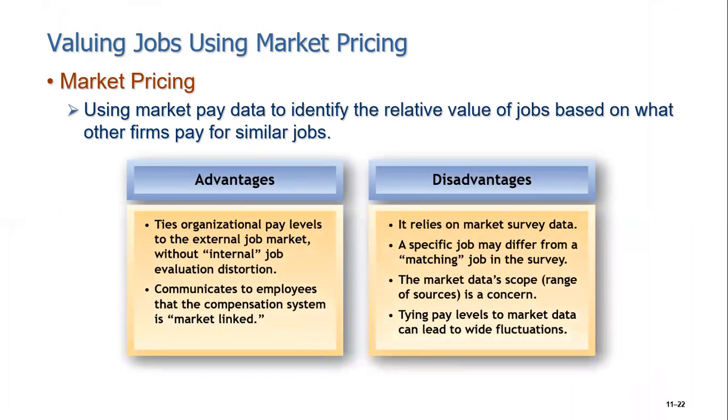What is market pricing? Using market pay data to identify the relative value of the jobs based on what other firms pay for a similar job. You go and study the market survey. You check the pay data about other companies in the same market, in the same industry, and how much similar jobs are paid in other companies. That is referred to as market pricing.